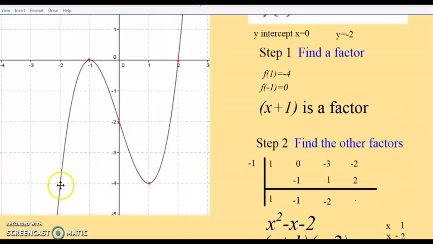Now I plot all those coordinates that I have calculated on the graph. Then I draw a smooth, continuous curve through all those given points of the function.